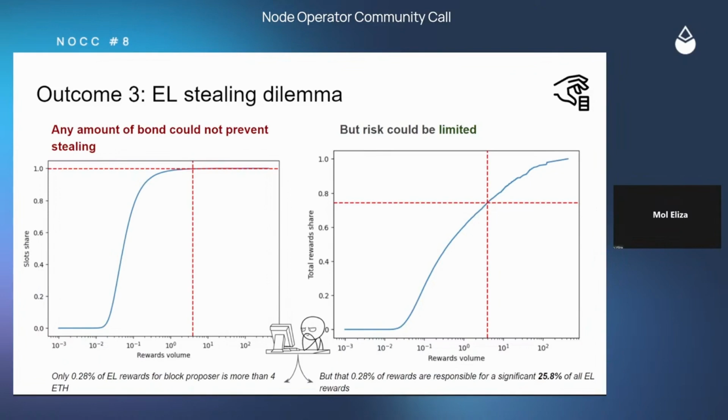And if there is an intention for attack, of course, it could be one entity controlling 100 validators pretending to be 100 solo stakers. But for this situation, the bond would be higher, and different technologies, not in terms of bonding, could be applied to provide some incentivization against that behavior.